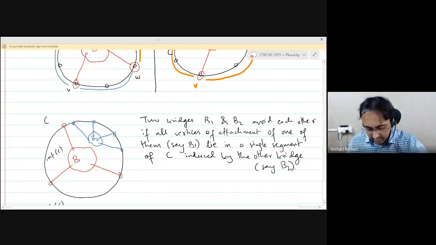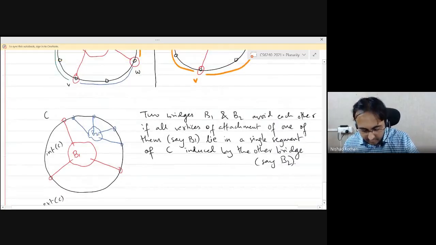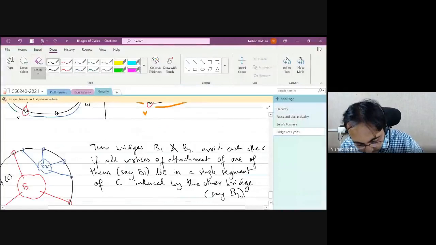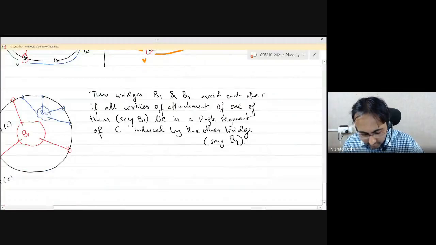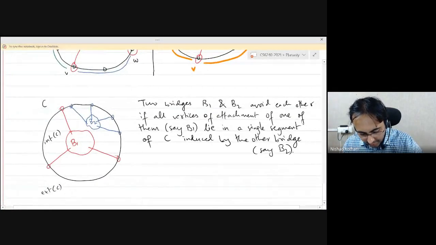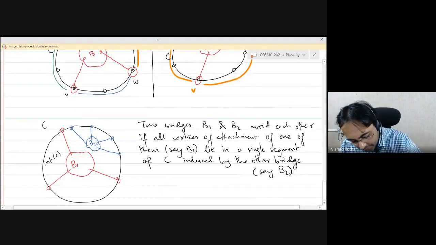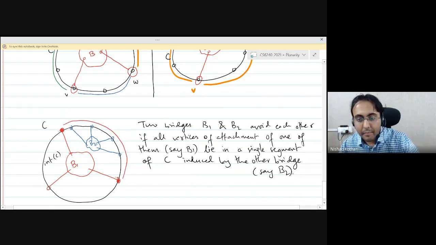Okay, so in this case, you can think of it both ways. Notice that the definition is almost symmetric actually, except when you have one vertex of attachment. So in this case, you can imagine that all vertices of attachment of B2 belong to a single segment induced by B1.